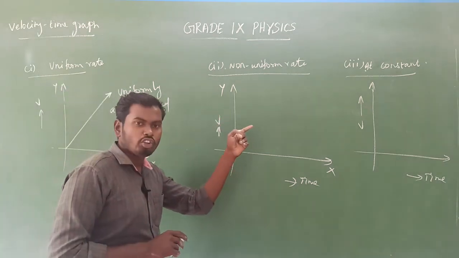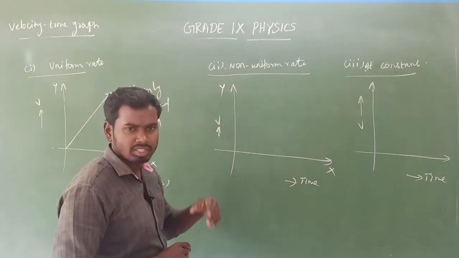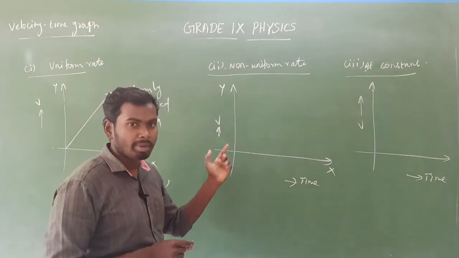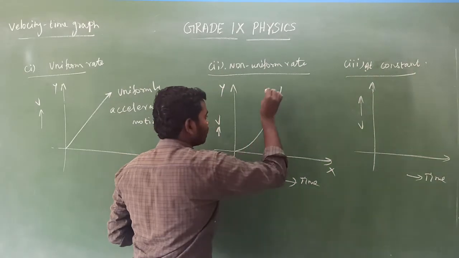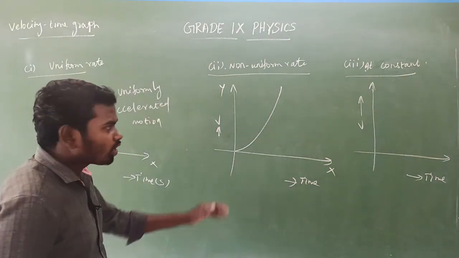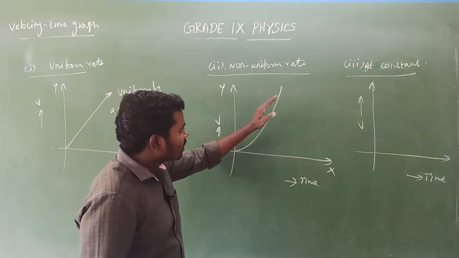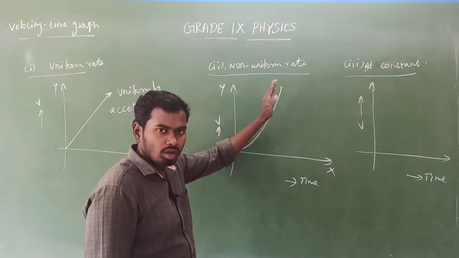Yes. Next, come to non-uniform acceleration. The title reveals the answer: non-uniform. That's not uniform, so there will be a curved line like this. So in the velocity time graph, the curved line shows what?